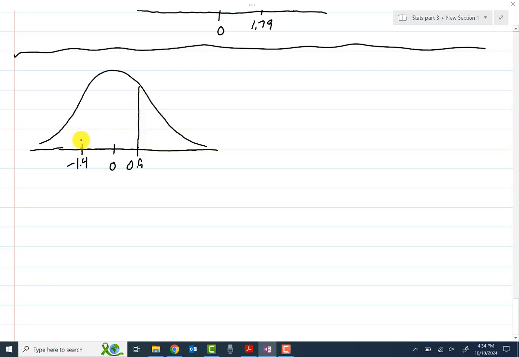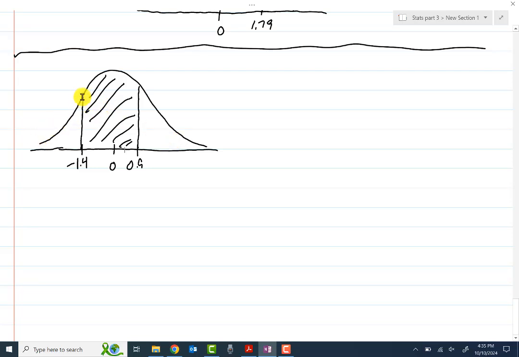And I'm looking for the area in between here. So what we notice is that the whole thing is 100%. What we do is we find the area of this white piece and we find the area of this white piece, and then we subtract it from 1. That'll give us the area that's left over.